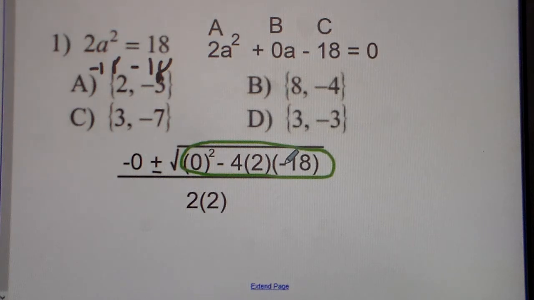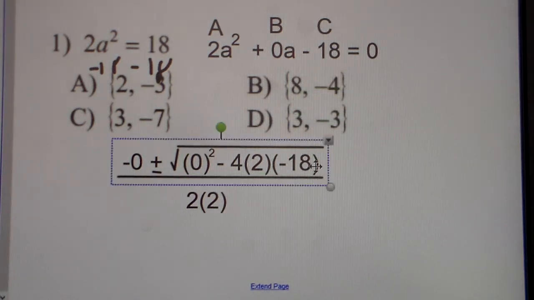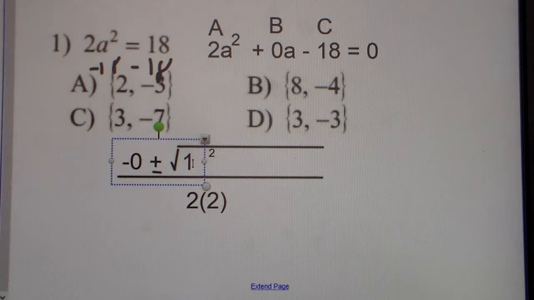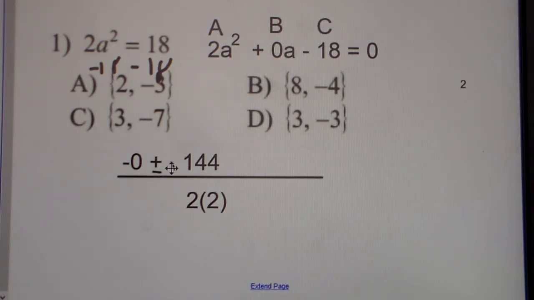So this whole square root is 144, and the square root of 144, you guys know that's 12.